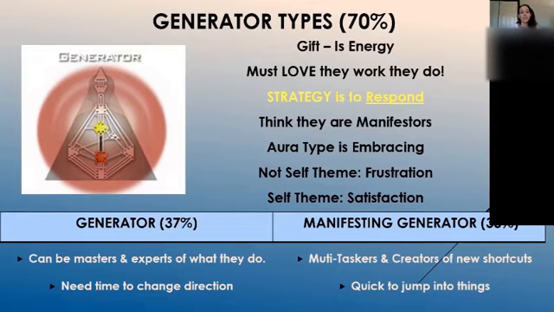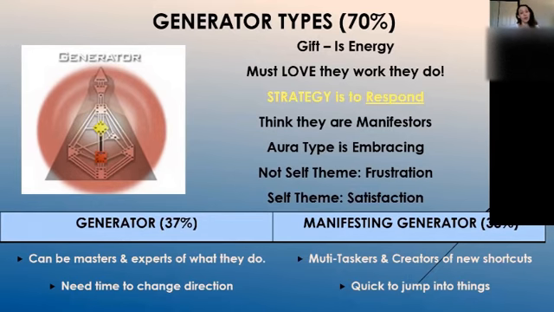There are two differences between the generators. So between our little group here, there are two differences between the generator and the manifesting generator. Generator types have more of a tendency to be the master or the expert in whatever it is that they're doing. A generator type a lot of times has this feeling that it's taken them a little bit to get going on something.